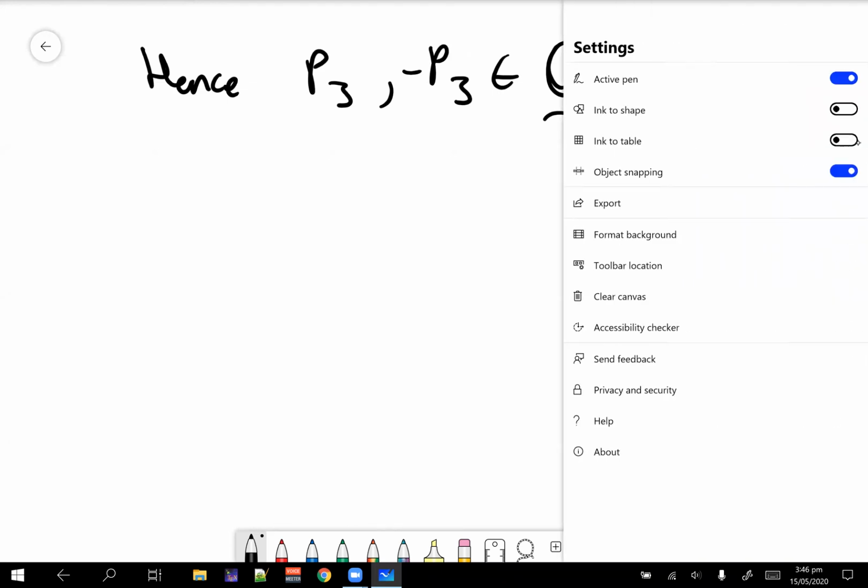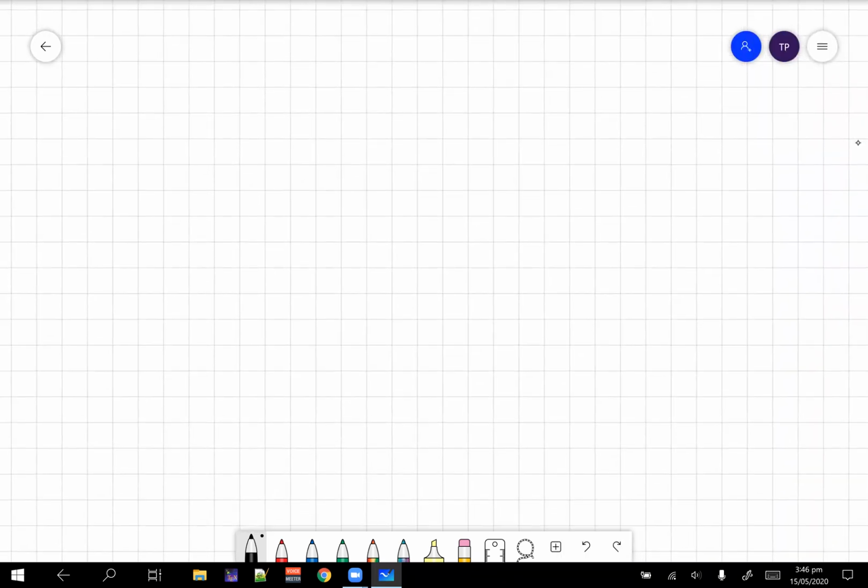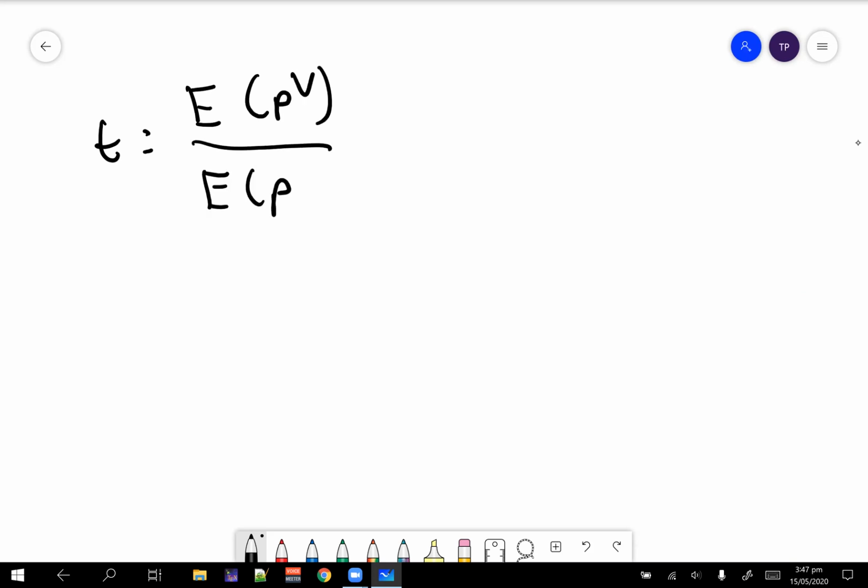So, clear everything again. Lemma 2.9: we define a map from E of P to the V over E of P to the 3V. Note that this is over our original elliptic curve, not the one we've transformed after the birational transformation.